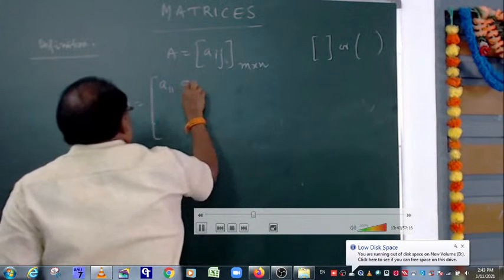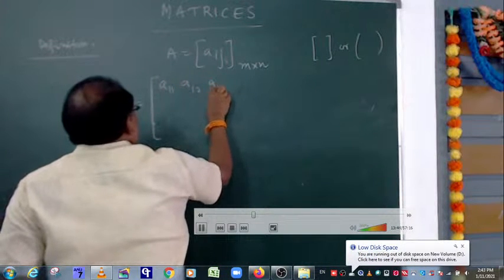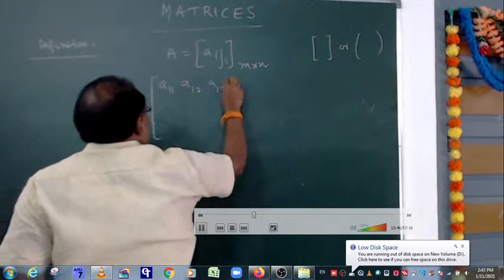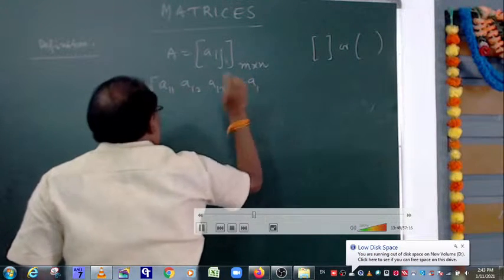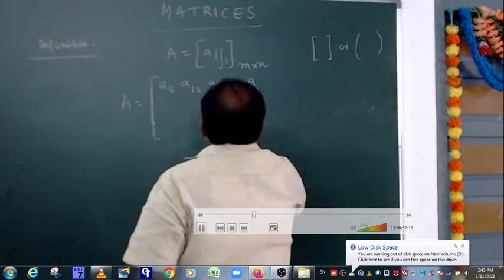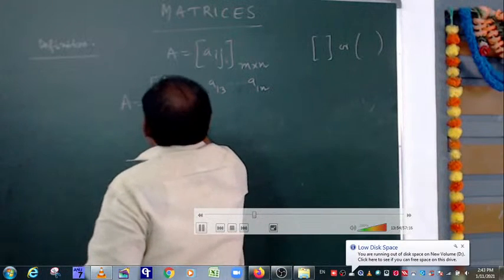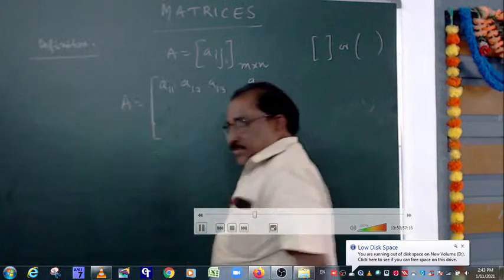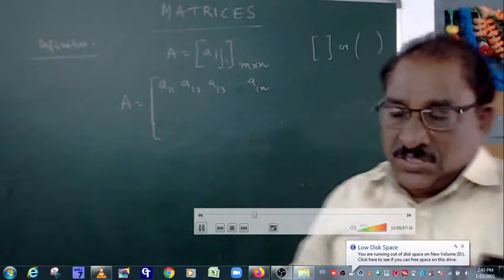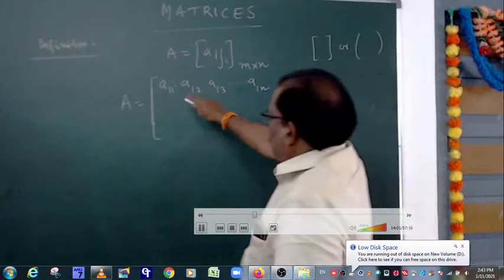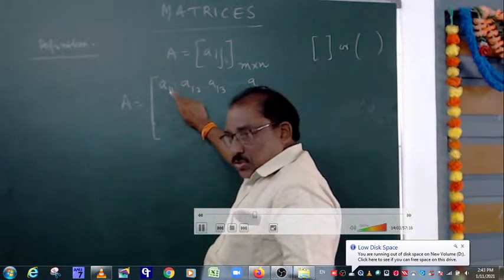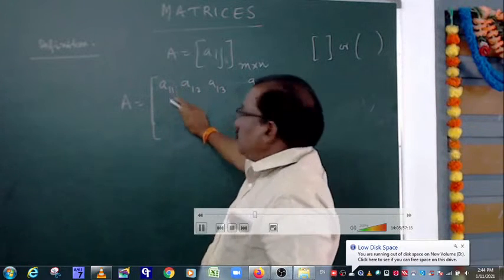A11, A12, A13, and so on, A1n. So what is here? A suffix 11 denotes first row and first column.